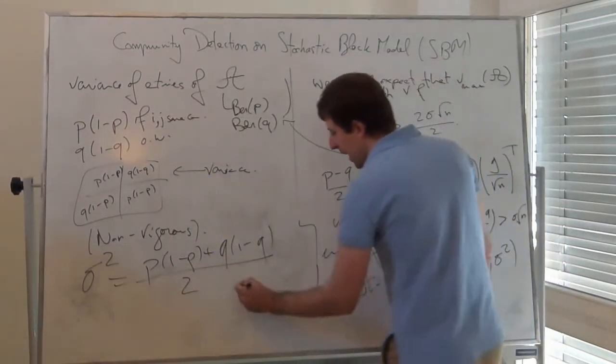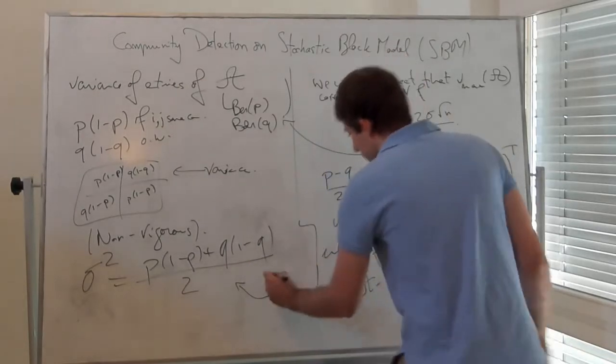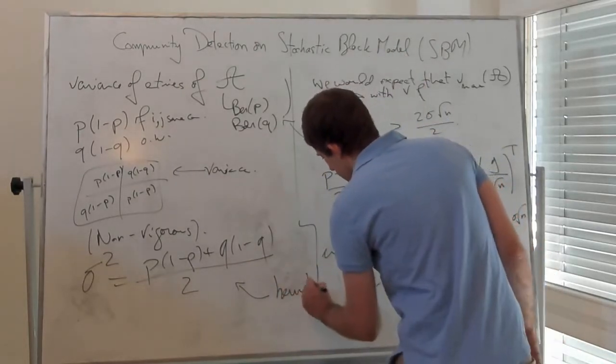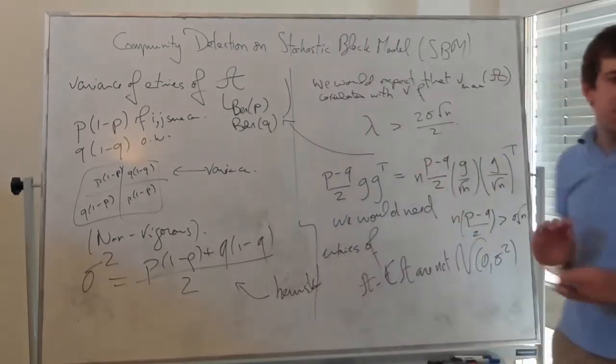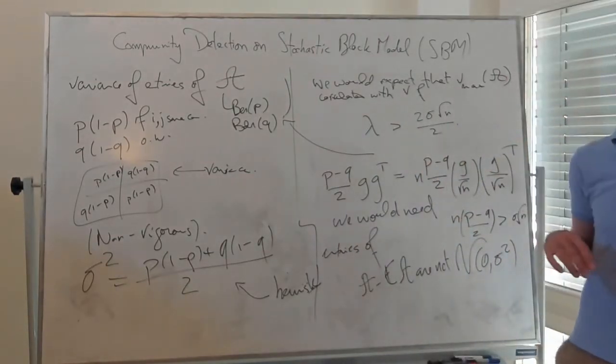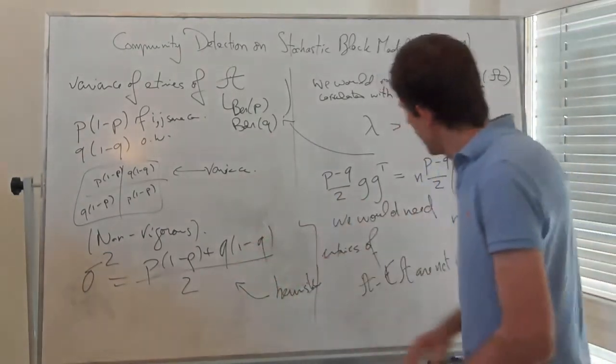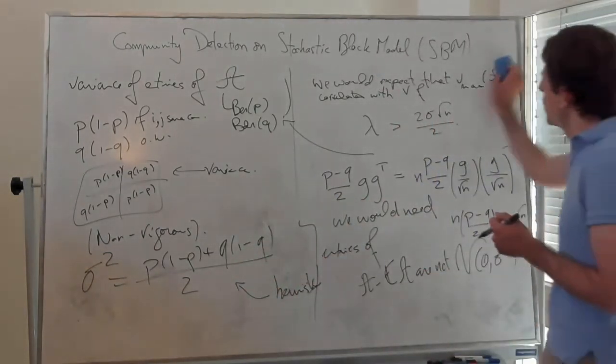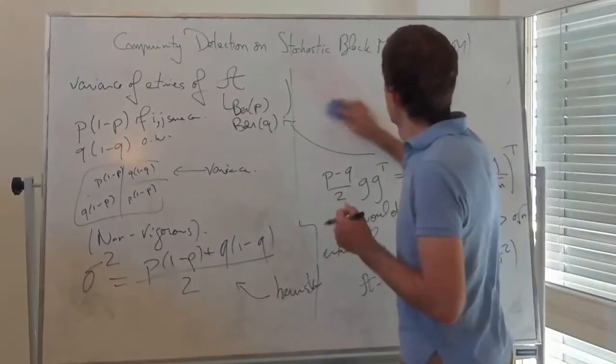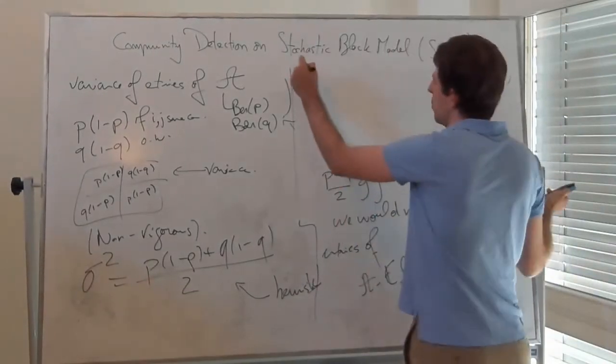This is like a guess, just a heuristic. Since I don't have the same variance, I'm just going to take the average of the variances of the entries. Seems reasonable. Now I get this, and now let's see what my prediction would be. So, prediction.